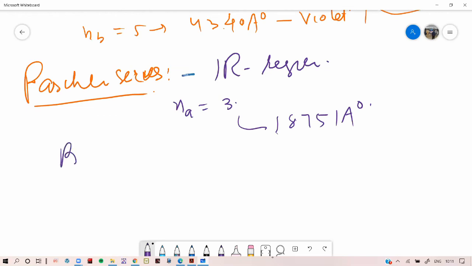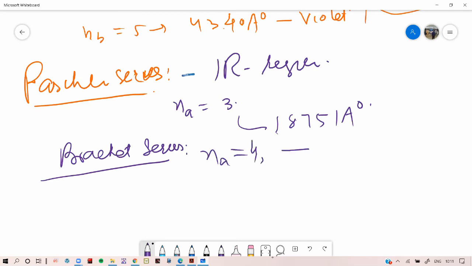So we have to start from the basics of quantum numbers. Then there was the Brackett series with Na equal to 4, and it starts at 40,500 angstrom. Then there is the Pfund series. These are different series in the hydrogen atom.